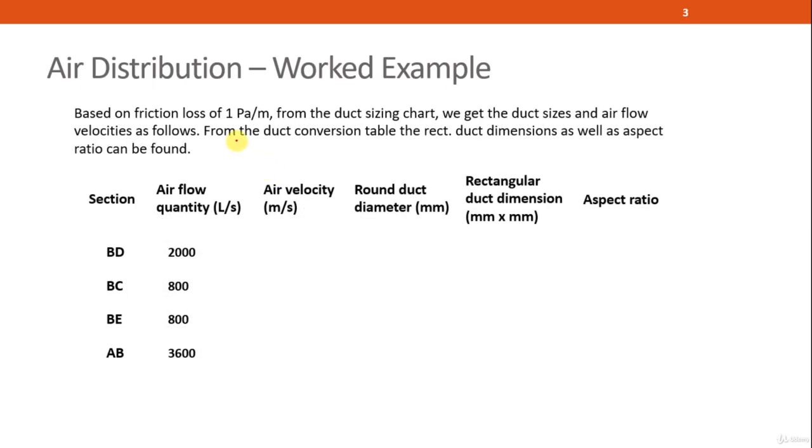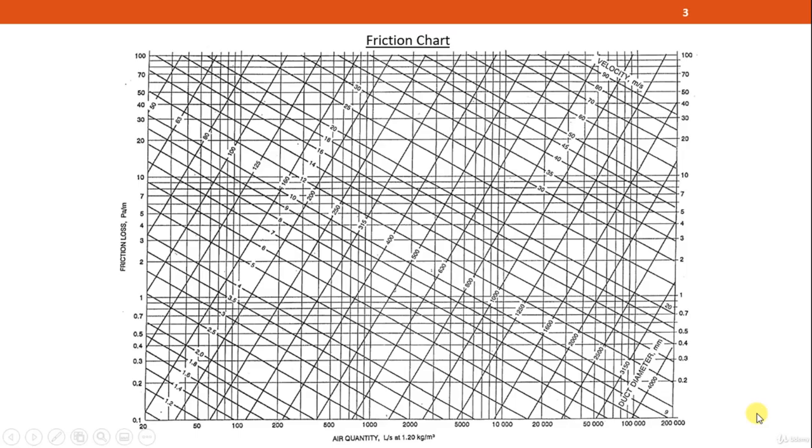And with a friction loss of 1 Pascal per meter, we can plot onto the friction loss chart these three particular air volumes, which are 800, 2000, and 3600. Now, let's plot onto the friction loss chart. The first air volume is 800, so 800 is along this vertical line.